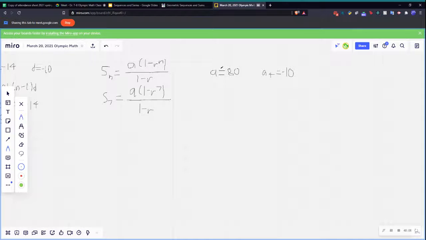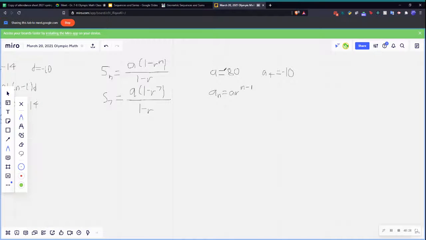So given our first term, given our fourth term, let's also write down what the general term for a geometric sequence is. So you guys remember it. So it's a r to the exponent of n minus 1. So it's a general term for a geometric sequence.